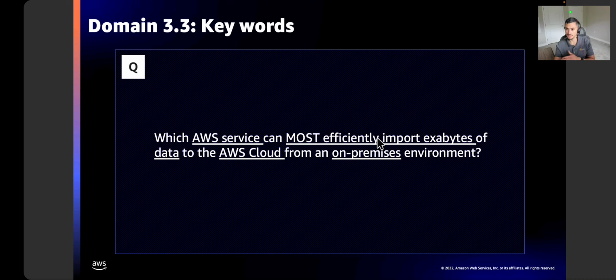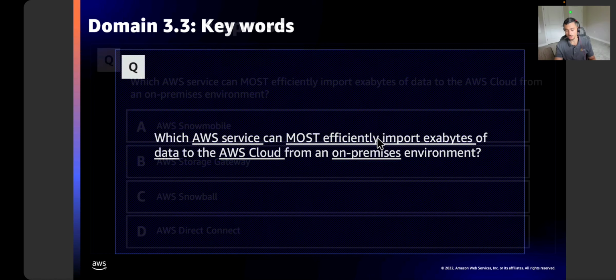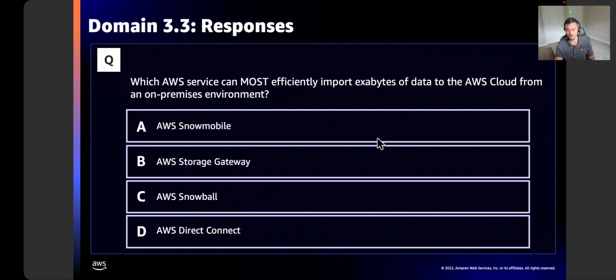So we're moving data from on-premises to the cloud, but this is exabytes of data, and we need the most efficient data transfer solution, right? Let's look at the different options here. Think about it. Although we didn't specifically talk about data transfer options previously, we're going through this question because, again, this could be asked in the test, so you should know about these different services.